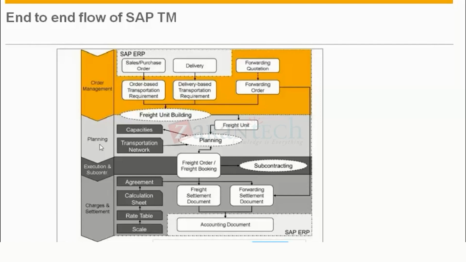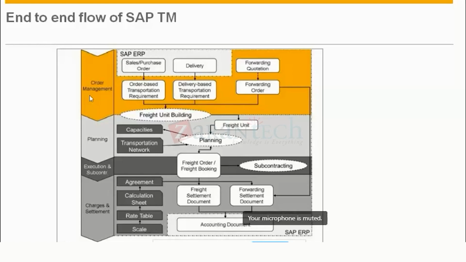So when I say order management, for example, when you are planning to move a transport from point A to point B, that means I'm moving my transport from a shipper location to my customer location, right? As part of this transport, how does my transportation management know that this order or this delivery needs to be integrated with my TM?